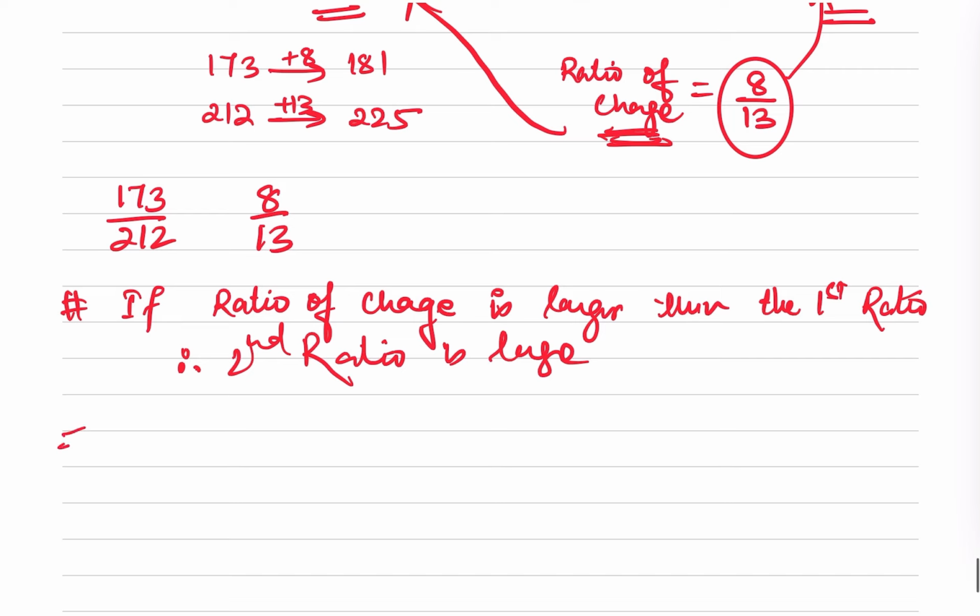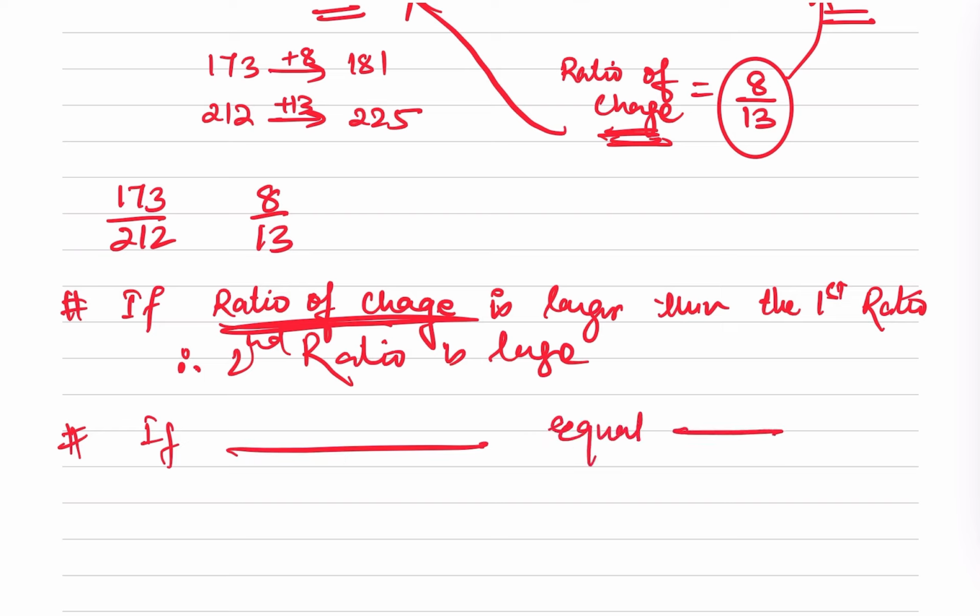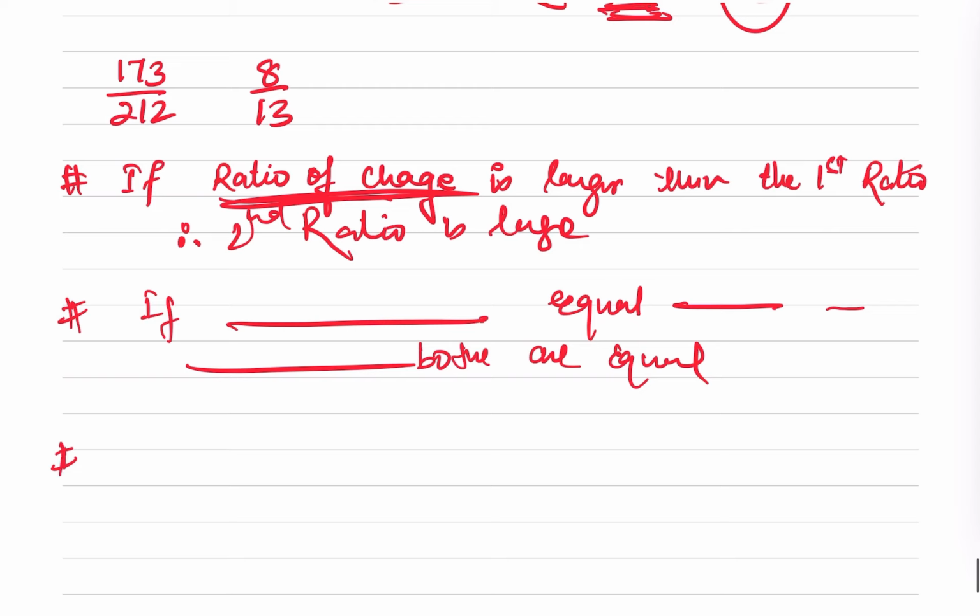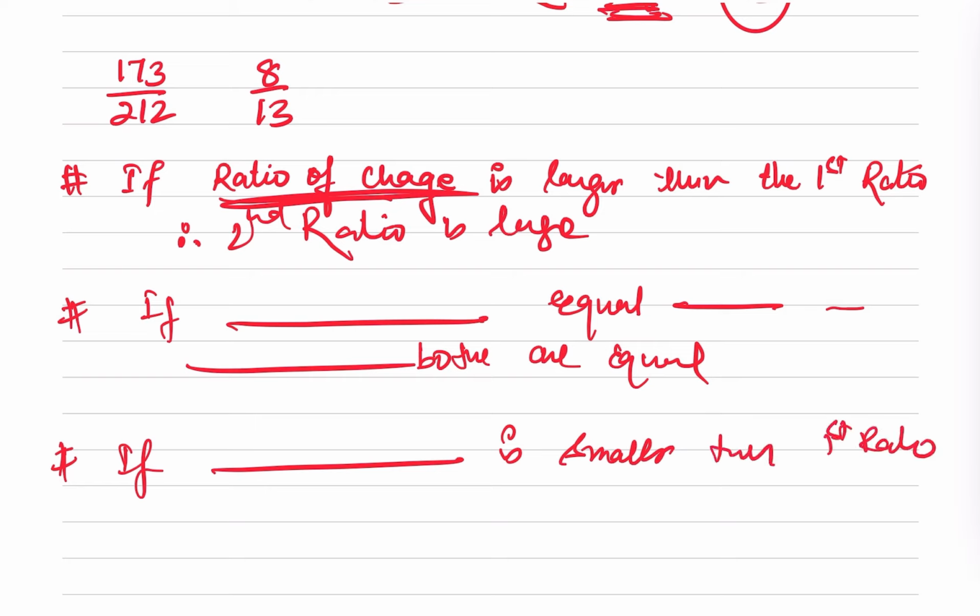What if the ratio of change is equal? Then both ratios are equal. Third, if the ratio of change is smaller than the first ratio, therefore the second ratio is smaller.